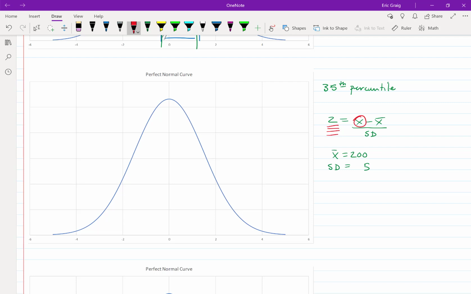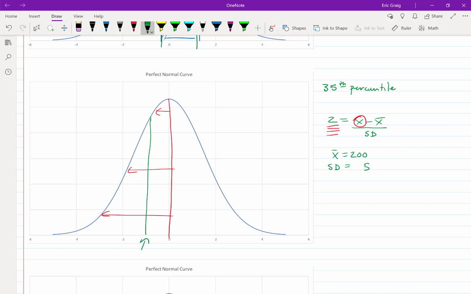The 50th percentile is going to be this whole area over here. That's the 50th percentile. We're looking for the 35th percentile. So I'll just draw a line. Doesn't really matter where I draw it. The idea is just to get the right direction of things.